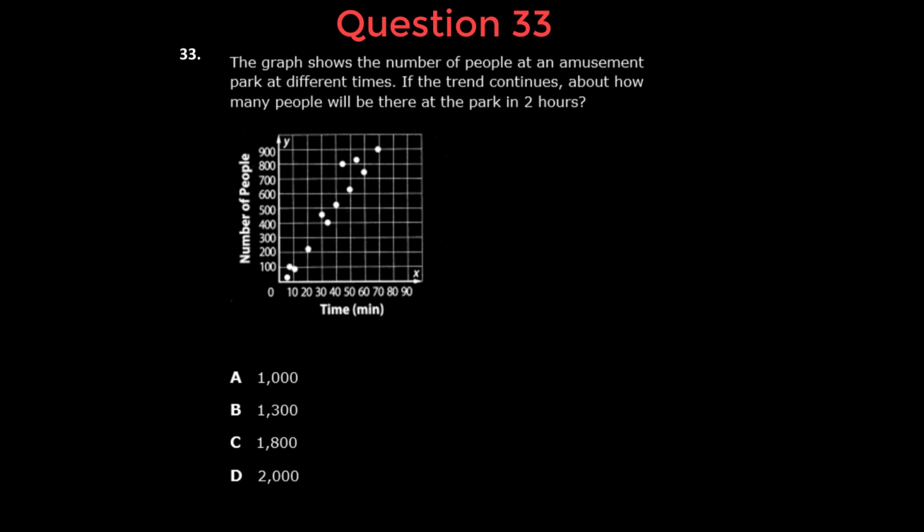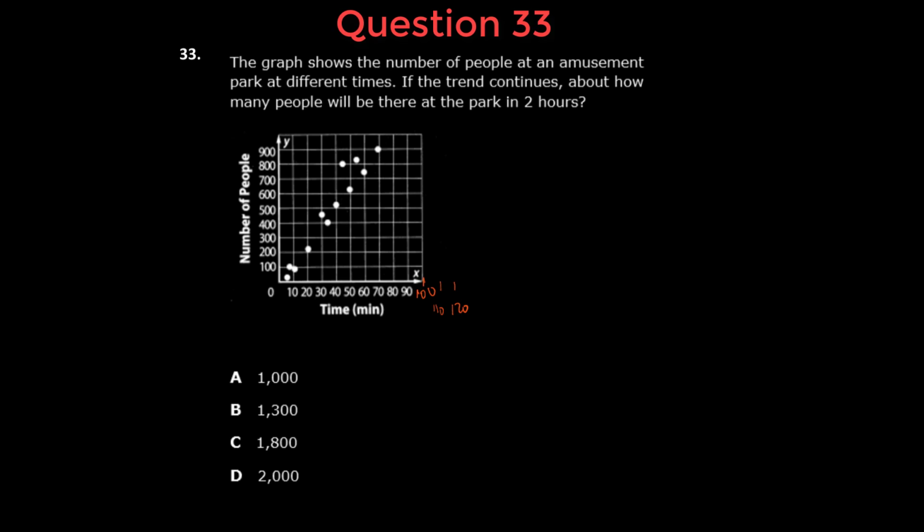Question number 33 asks us to find the number of people from the scatter plot for 2 hours. And 2 hours is not given on our graph, but the longest it goes is like 100 minutes, and 2 hours is 120 minutes. So 110 and 120 minutes.